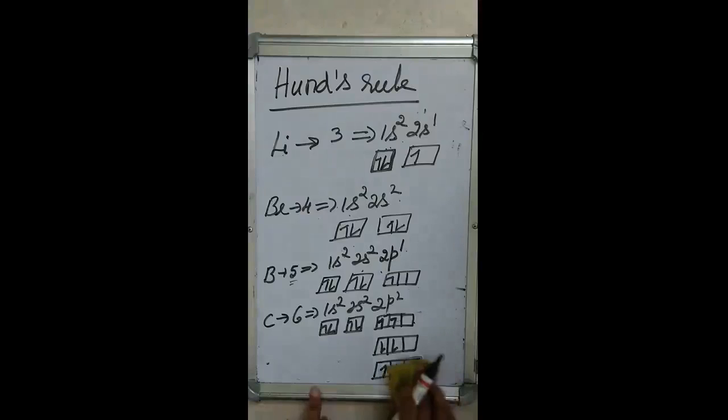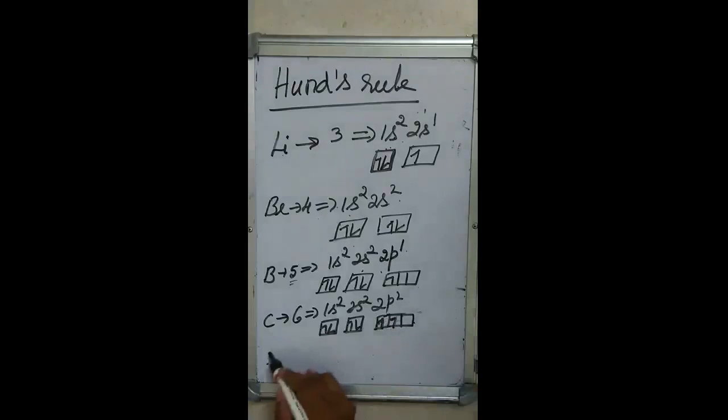So it should be a parallel spin. I hope you understood the definition. Go back to the statement: Hund's rule says pairing of electrons does not take place until all the orbitals of p, d and f subshells are filled singly, or occupied singly, with the parallel spin. So spin has to be parallel.